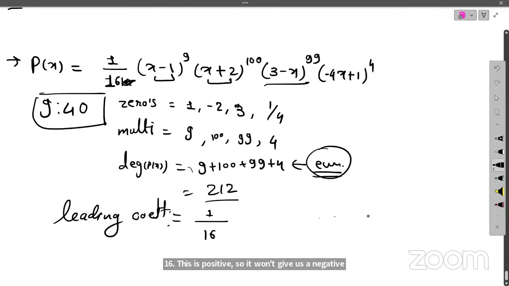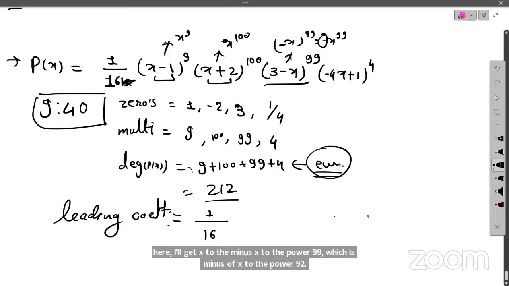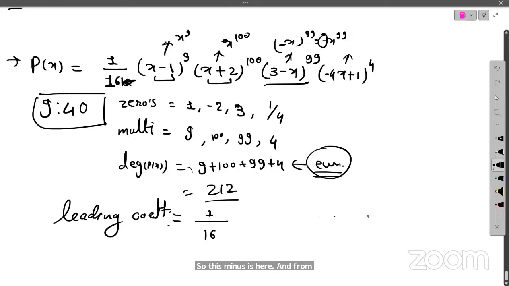From here I'll get x to the power 9, here x to the power 100, from here minus x to the power 99, so this minus is here, and from here again x to the power 4. So the leading coefficient is minus 1/16.